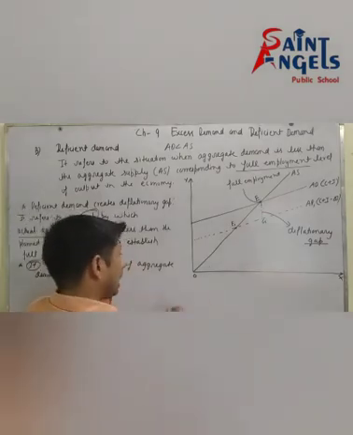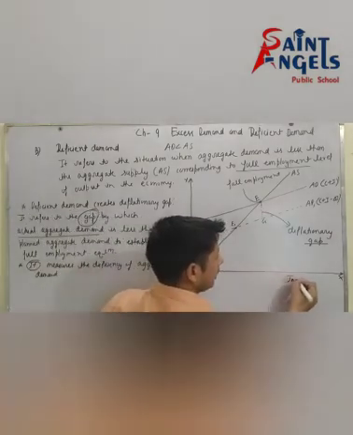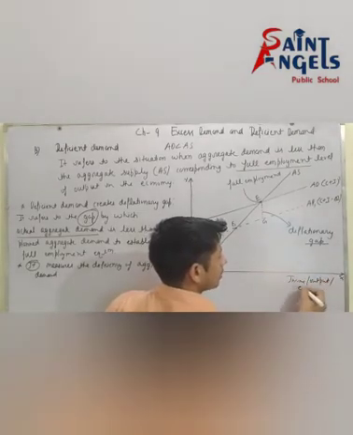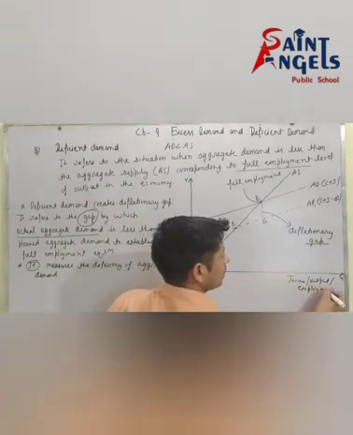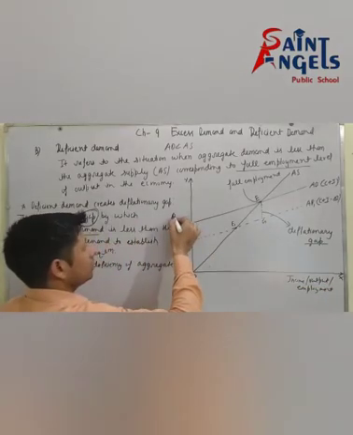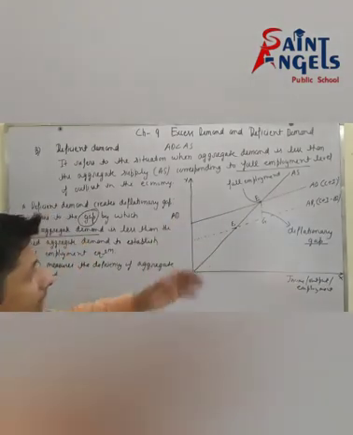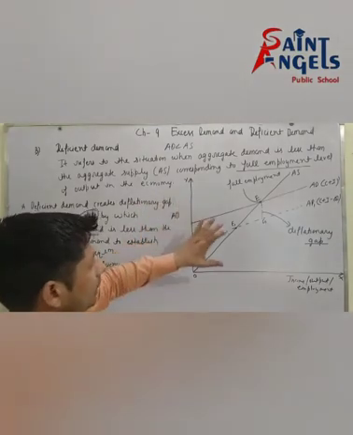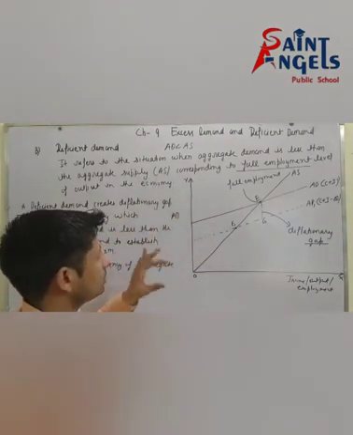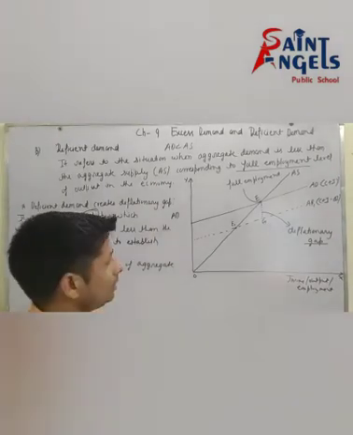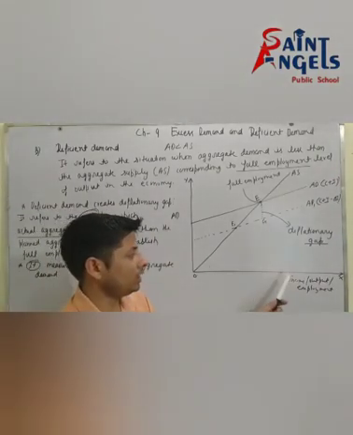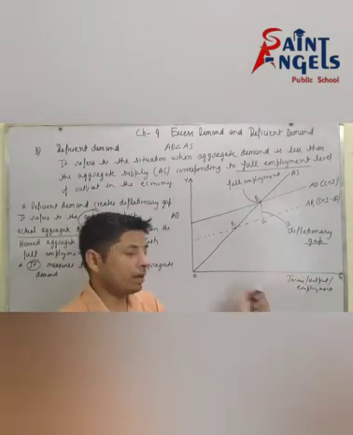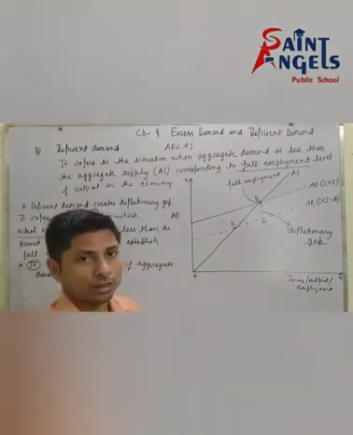But my dear students, how will you explain this diagram? I am explaining here, please listen carefully. In the above diagram, aggregate demand is measured on the y-axis, and income, output and employment are measured on the x-axis.